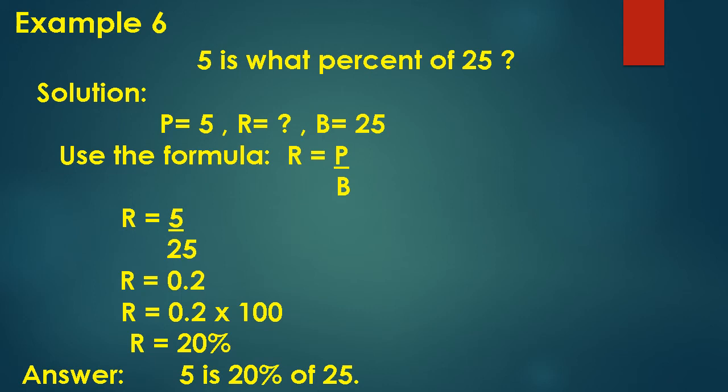So R is equal to 5 divided by 25. So R is equal to 2 tenths. R is equal to 2 tenths times 100 to change decimal to percent. So the rate is 20%. The answer is 5 is 20% of 25.